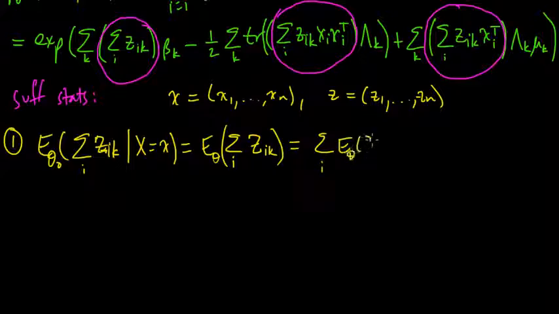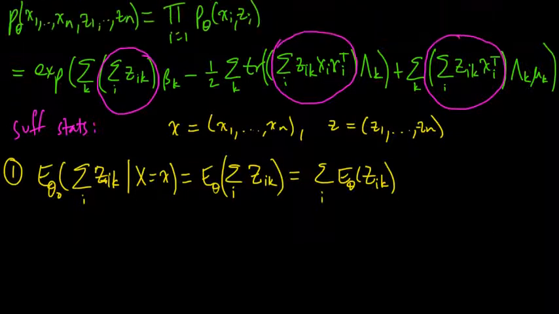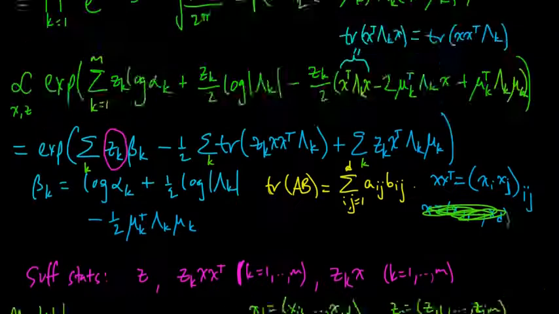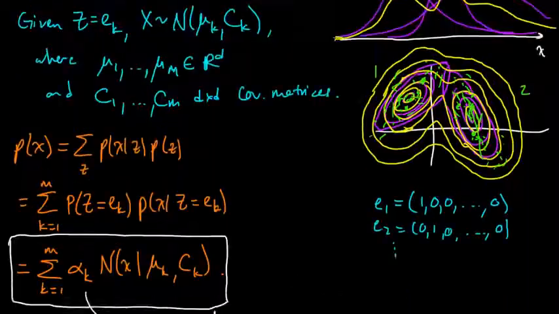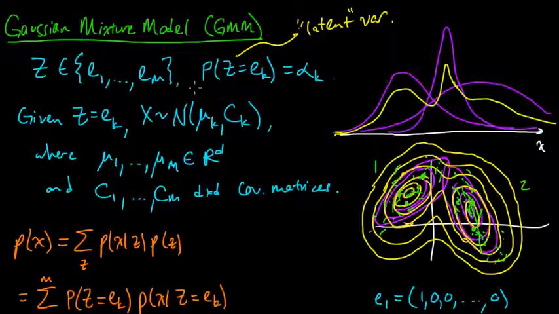Expectation moves through z_ik. And what is z_ik? Let's remember the definition back up here in our Gaussian mixture model. Think about getting the expected value of z_ik. z_ik is the kth coordinate of a vector z_i that's distributed in this way.